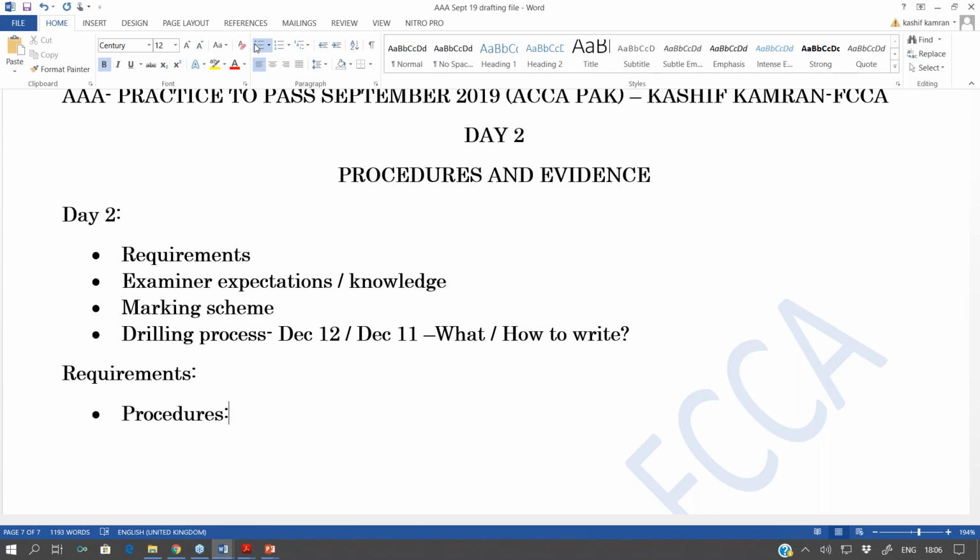In the risk question, there are so many accounting treatments, so the examiner has a tendency of asking procedures on accounting matters in the very first question. So procedures do come on accounting issues, normally as a part of question number one.